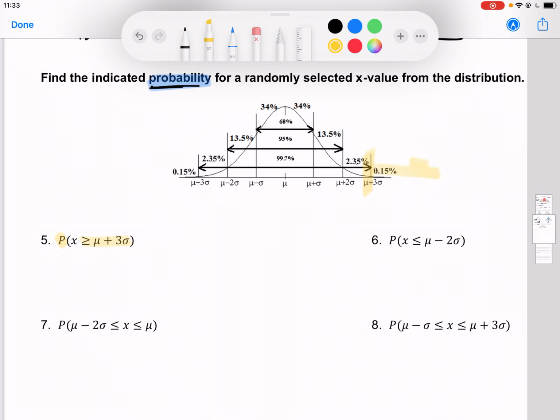So we're just going greater, so that's over here, which includes the 0.15%. So the probability, if it's 0.15%, to change that to a probability, you just move the decimal place over 2 spots, and you get 0.0015 as your probability.